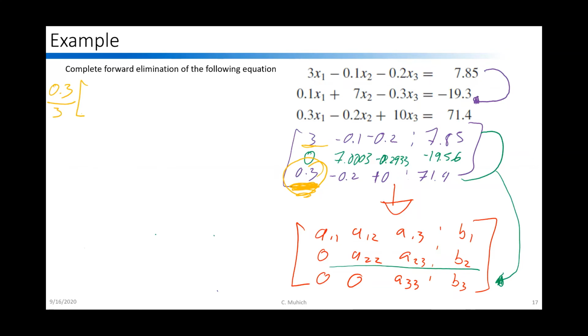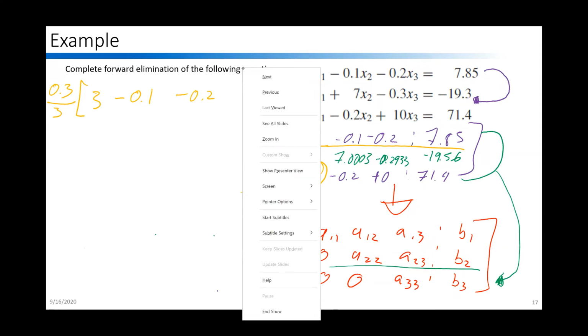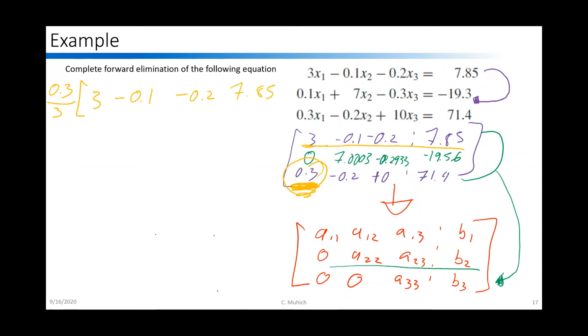I'm going to multiply that through that entire top row, so 3, negative 0.1, negative 0.2, 7.85. And this then is going to give me what I'm going to subtract off. I picked this top multiplication, this 0.3 over 3 divisor, so that I'm ensured that when I multiply it through, I get back that 0.3. Right? So let's do that multiplication through.